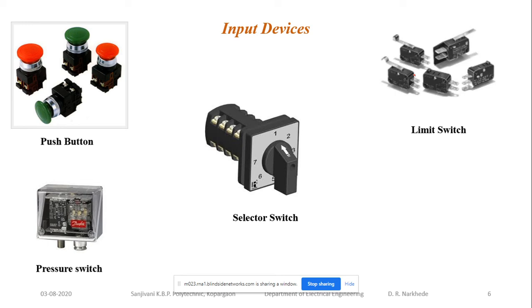त्यानंतर प्रेशर स्विच. Okay, so these pressure switches are also used in the industry. Now in the industry we are using boilers. In the industry we are using such types of steam tubes and all these things. So they need to maintain the pressure at a certain level. If the pressure is more, then that may result in a blast also, or you need to release the pressure. In that case, this pressure switch operates at a certain pressure.